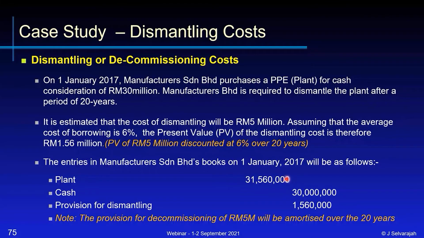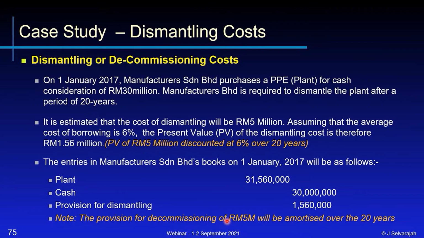And then you need to make that provision of 1.56, which is the initial cost debited. So 31,560. You need to create that provision, right? Under the standards on provision earlier. So credit the provision for dismantling, which is on the balance sheet as a liability, 1,560. So that's the double entry.